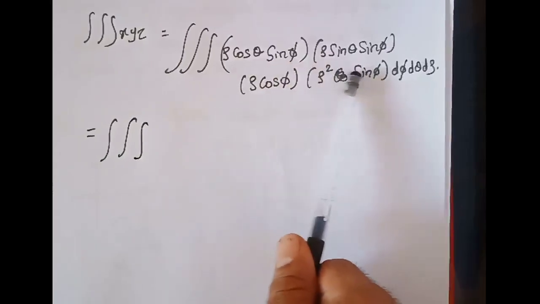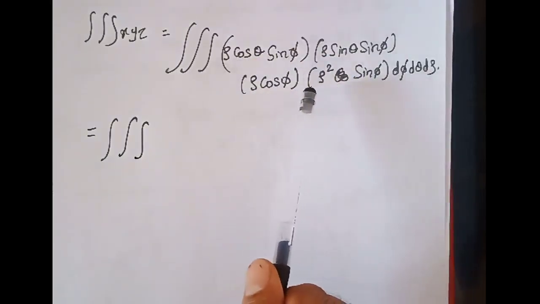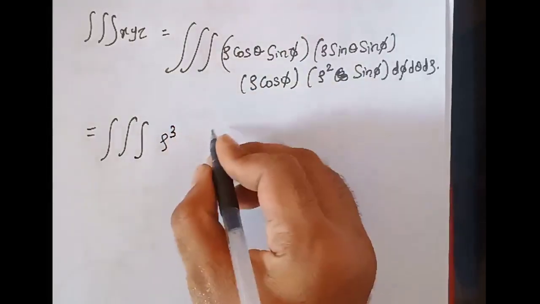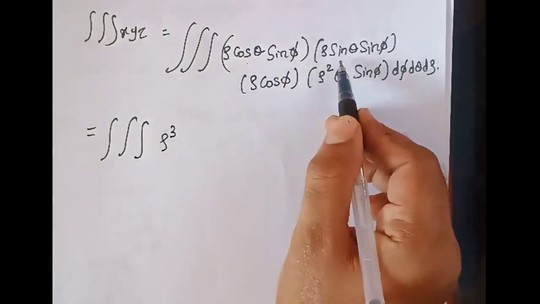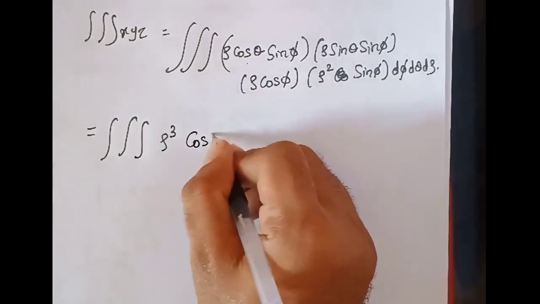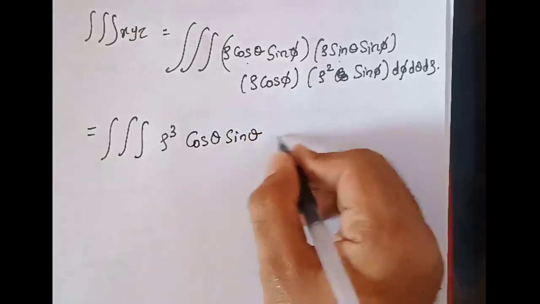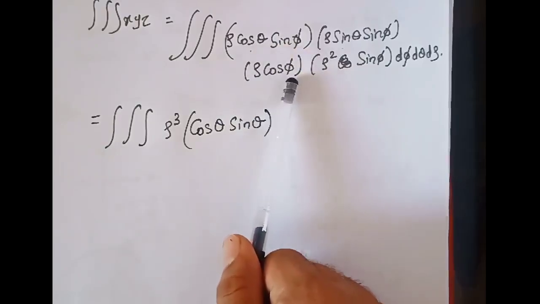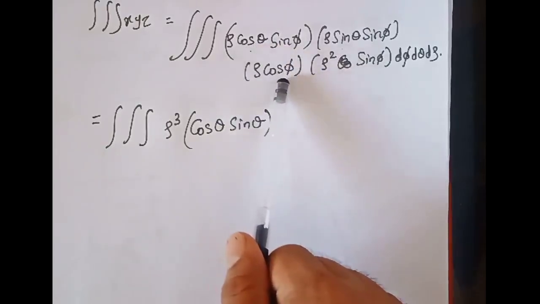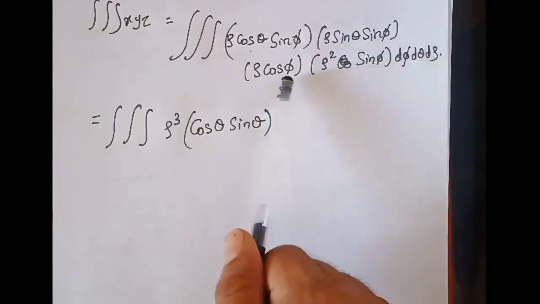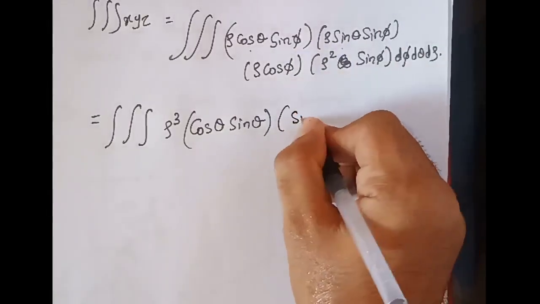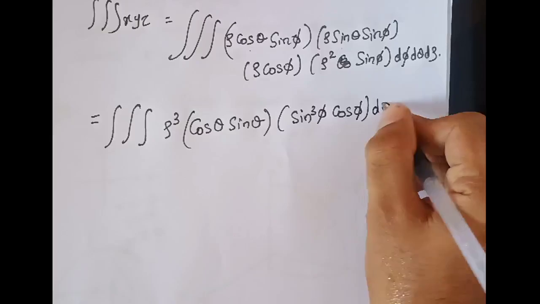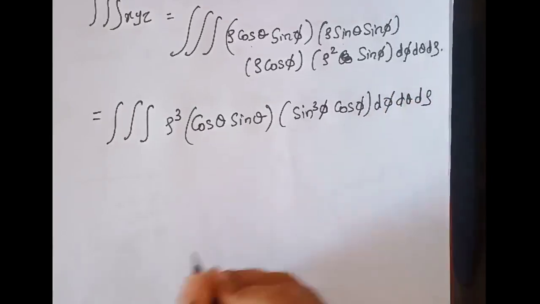Alright, so this reduces to a triple integral. The total power of rho is 1, 2, 3, 4, 5, so rho to the power 5. Then we have cos theta and sin theta, and then sin cube phi cos phi, d phi, d theta, d rho.